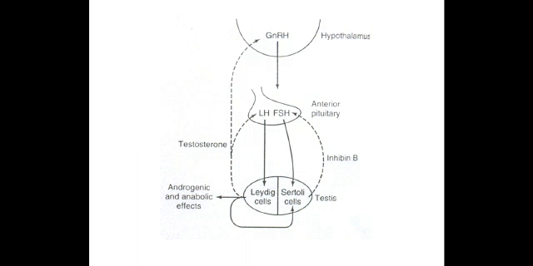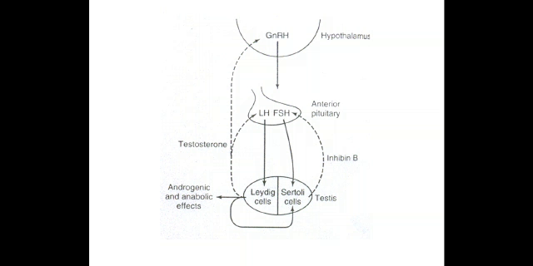The gonadotropin releasing hormone stimulates the anterior pituitary, wherein the luteinizing hormone stimulates the Leydig cells to secrete testosterone, which has androgenic and anabolic action, increasing protein synthesis. When the levels are high, it causes feedback inhibition of LH and GnRH on the hypothalamus.